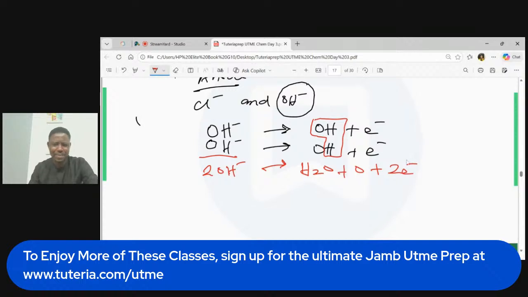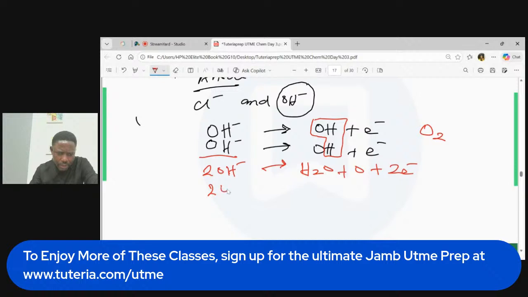Remember I said there are millions of OH- and Cl- moving around. So two OH- will produce one oxygen atom, but oxygen is O2. So if 2OH- produces one O, that shows that it's 4OH-.